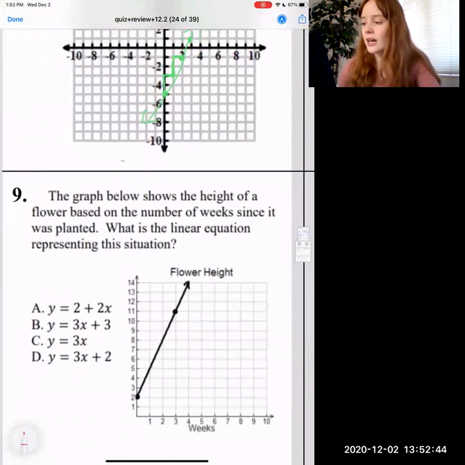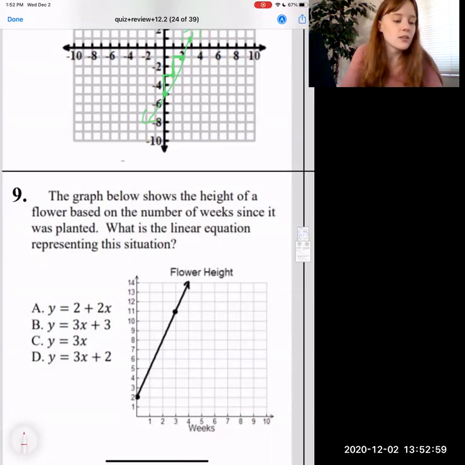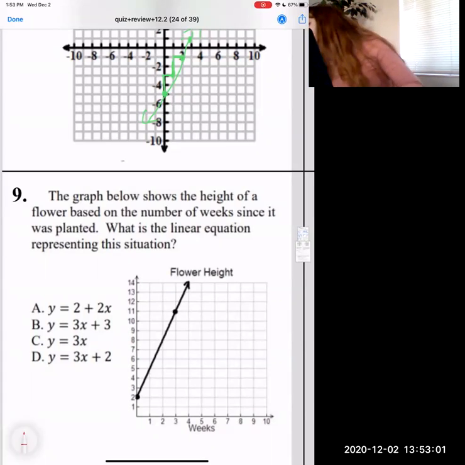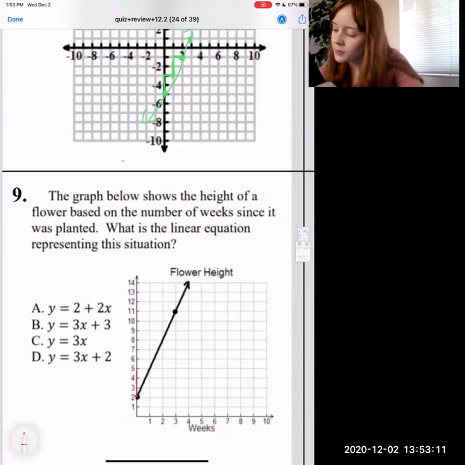The graph shows the height of a flower based on the number of weeks since it was planted. What is the linear equation that represents this situation? We do it by finding the slope. You can count the points they gave us. That's probably going to be a little hard.